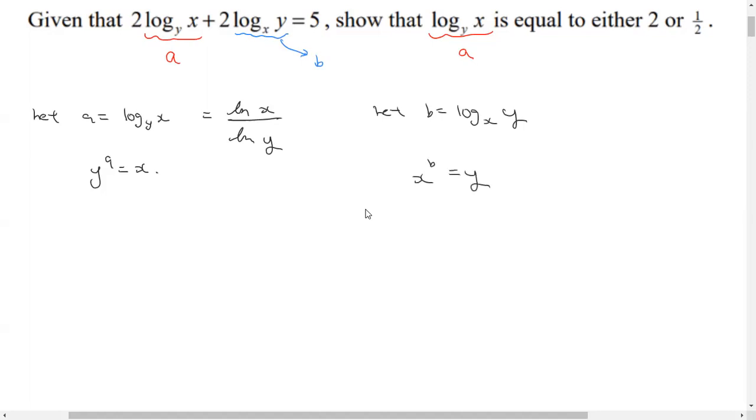Now, that's not particularly easy, but if we use the change of base law, we could, of course, make this log of y over log of x. That's how the change of base law works. You take the log of what's inside over the log of the base. And if you compare this a and b, then it should be quite clear that this is log x over log y to the power of -1, or in other words, it's a to the -1.